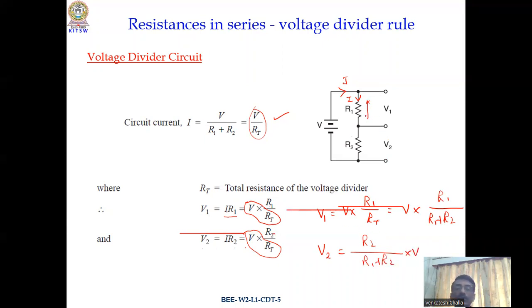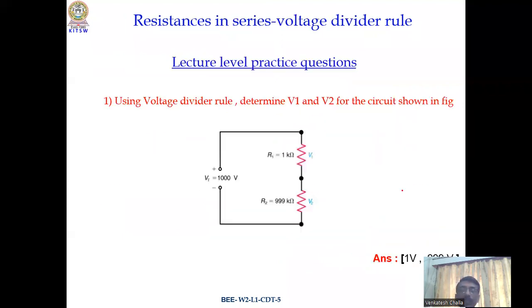So if two resistors are connected in series, the voltage across an individual resistance is equal to total voltage into the resistance of that element divided by the sum of the resistors connected in series, that is R1 plus R2.